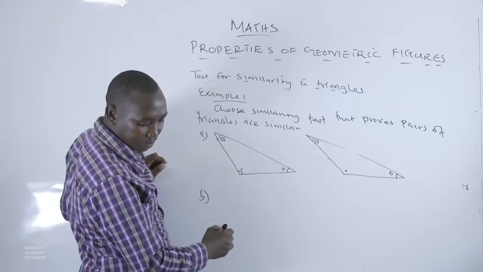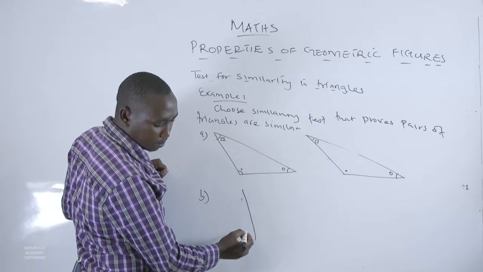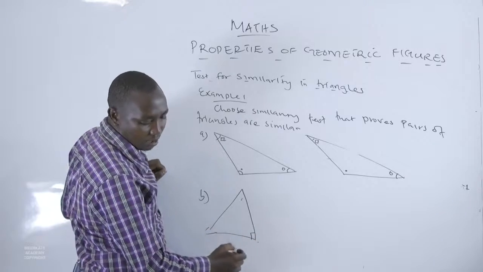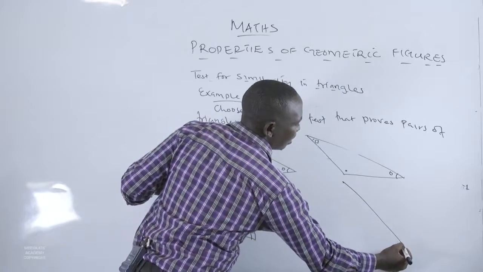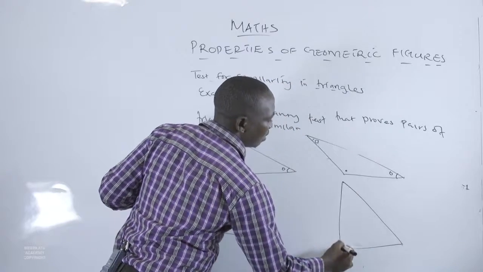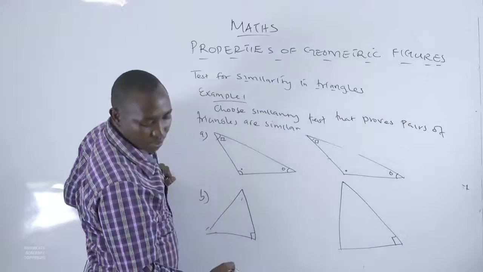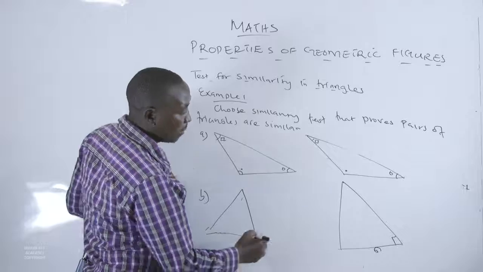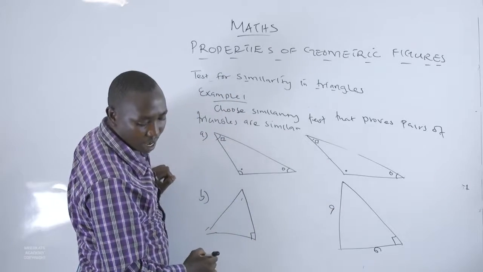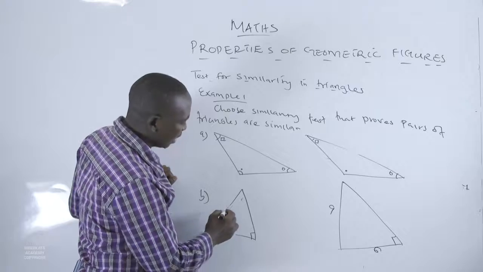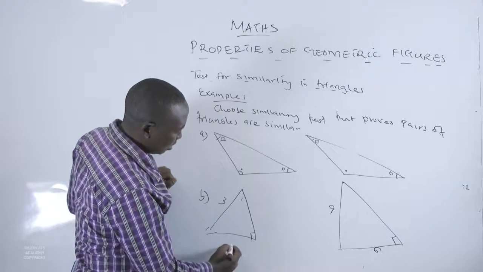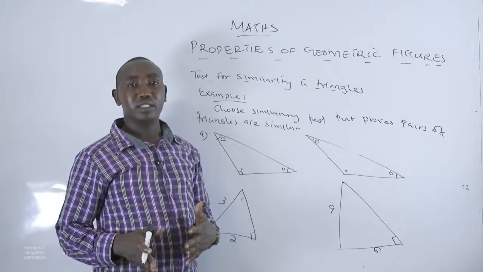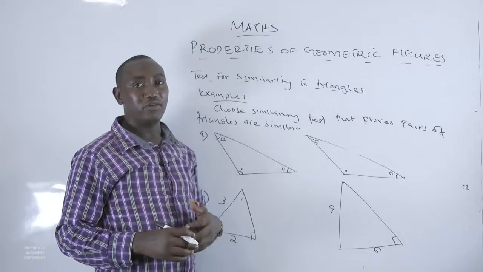B, we have a right angle triangle and another right angle triangle, where this is 6 units, the longest side is 9, this side is 3, and this side is 2 units. So I want to see which test suits either of these.